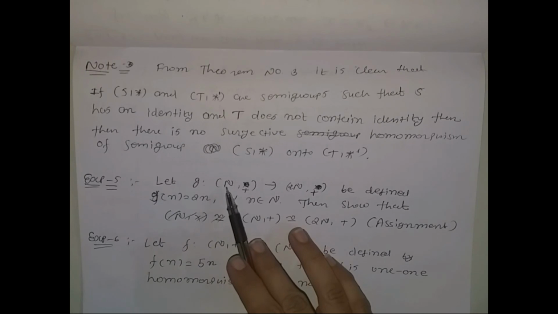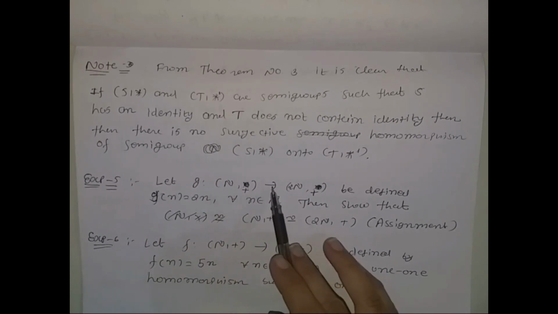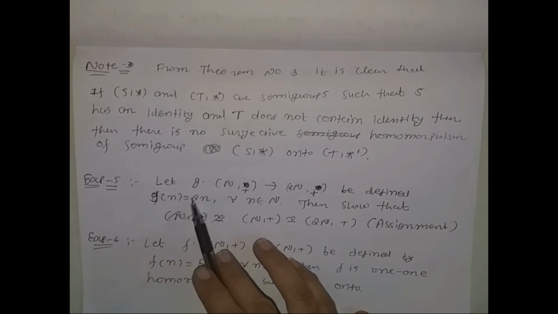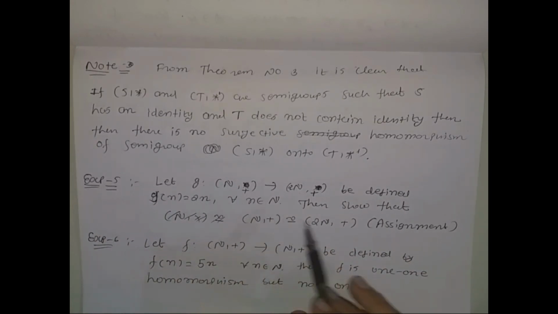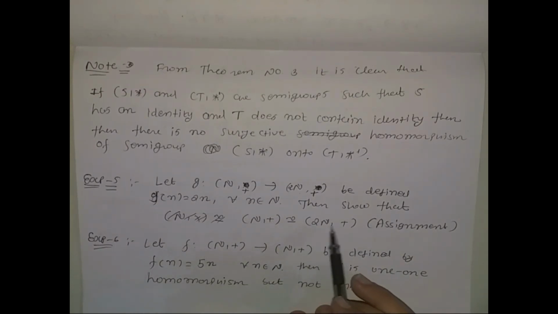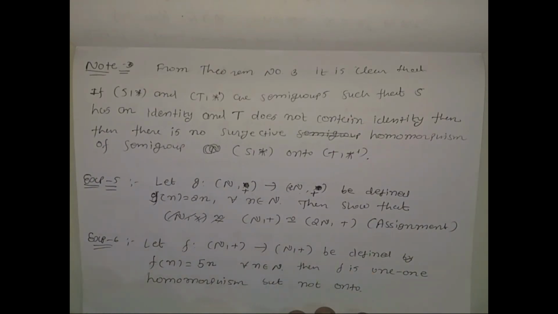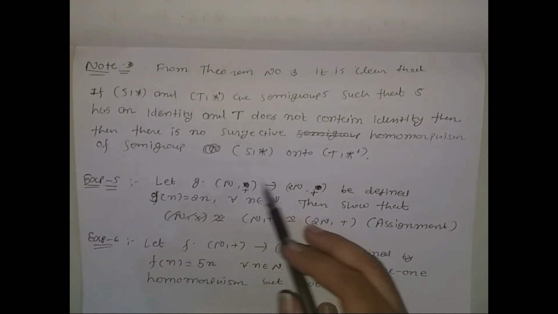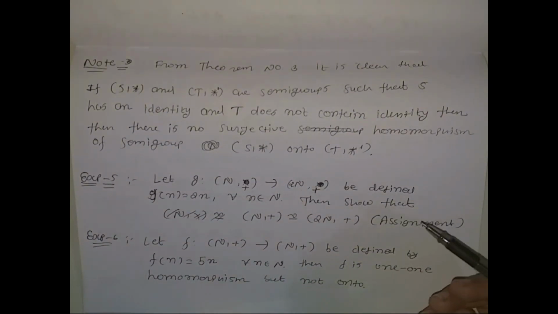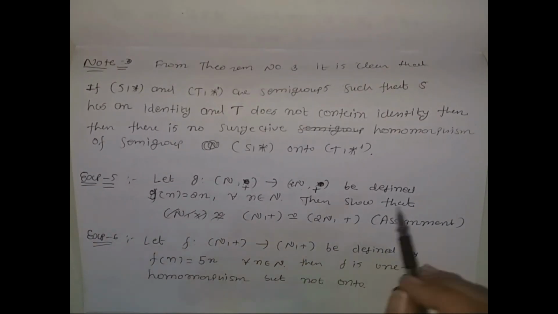Here we consider the set of all natural numbers N plus and 2N plus, with g of n defined as 2n for all n belongs to N. Then our aim is to show that N plus is isomorphic to 2N plus. These two are semigroups, not monoids, because 0 does not belong to them. So this is your assignment: write the solution of example number 5.